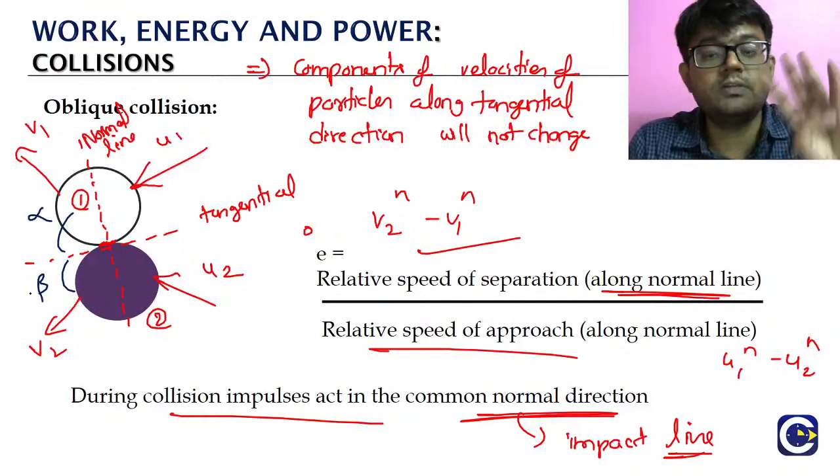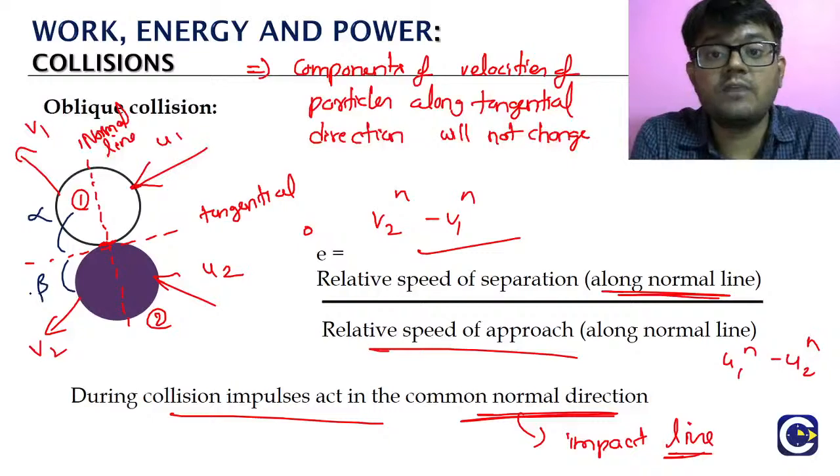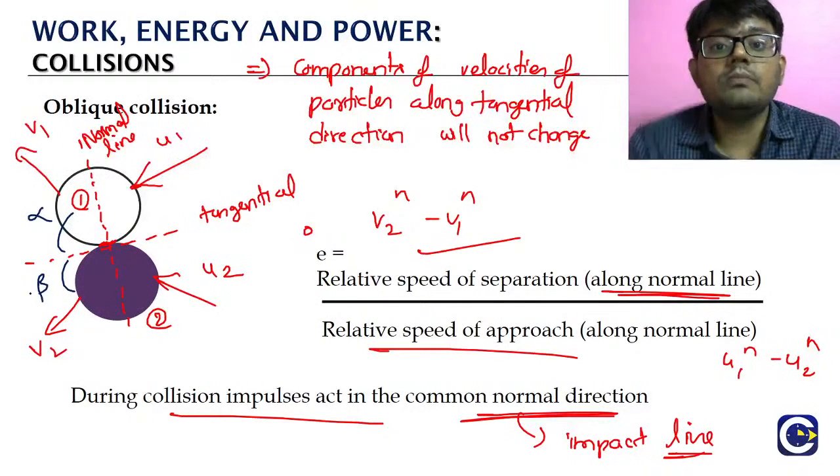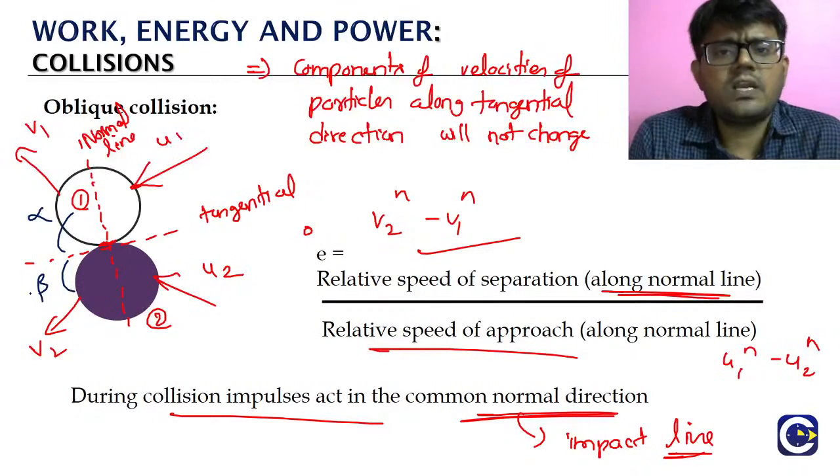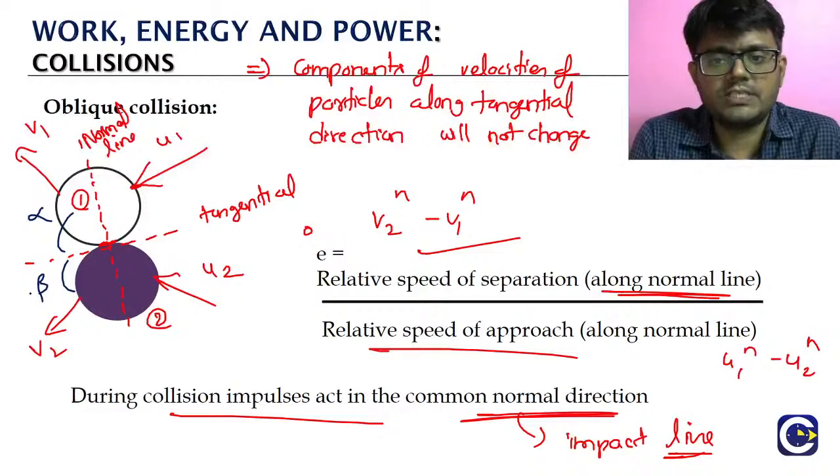So totally how many variables? 4 variables. Solving this oblique collision in general will take a little more time, and those kinds of questions will not come in NEET.